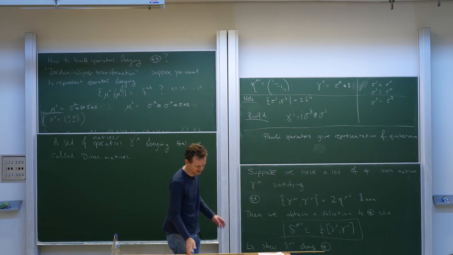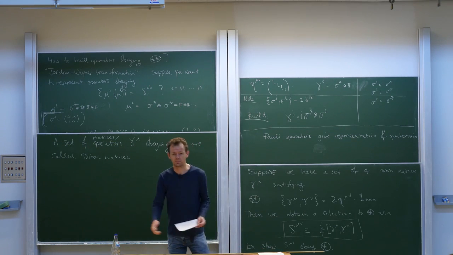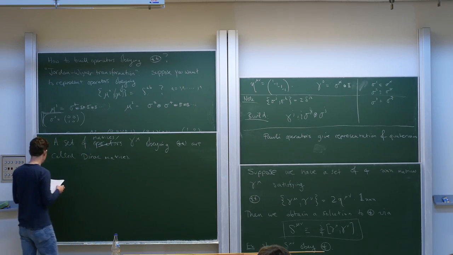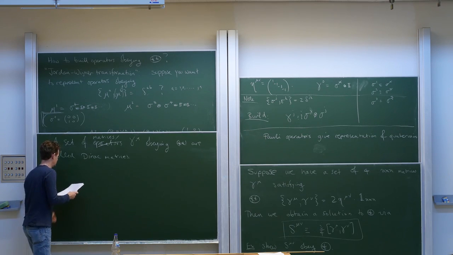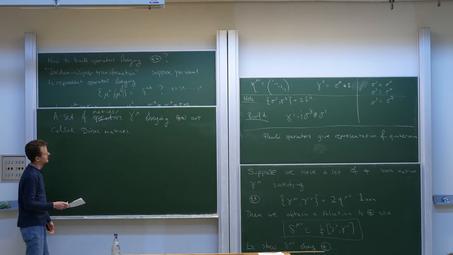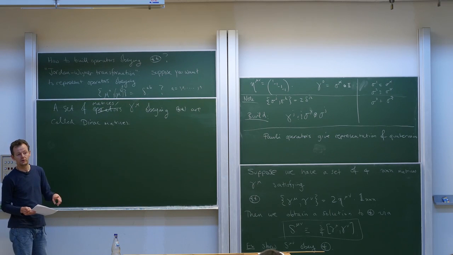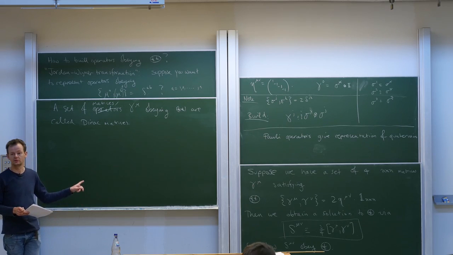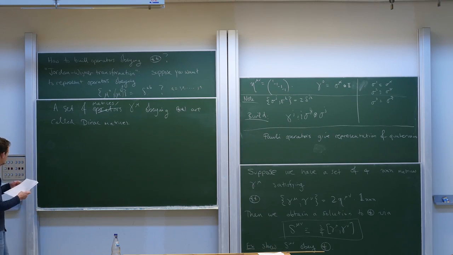I prefer Dirac matrices because we're going to have Dirac operators in a different context. And a 4-component object transforming according to the representation of the Lorentz group given by S is called a Dirac spinor. So I write that now.